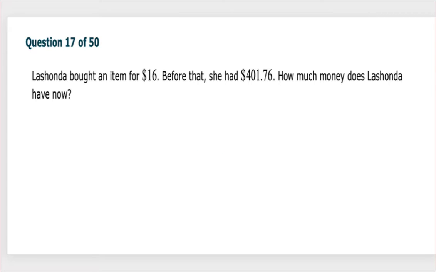Number 17. LaShonda bought an item for $16. Before that, she had $401.76. How much money does LaShonda have now? So she started with $401.76, and she subtracted $16. I'm going to make it in dollars and cents with the decimal place.